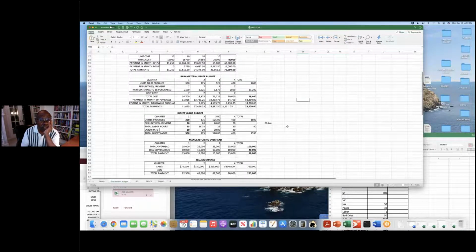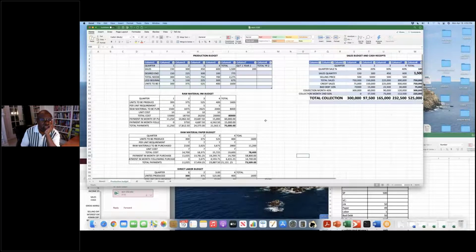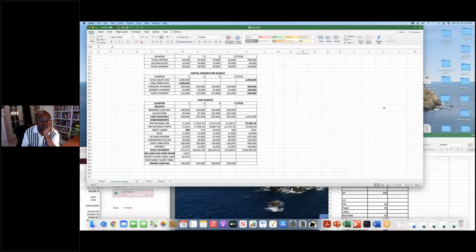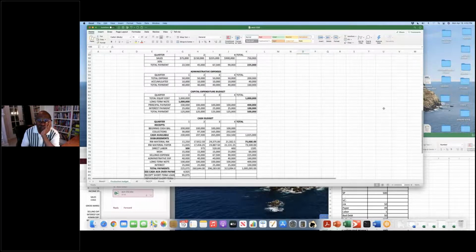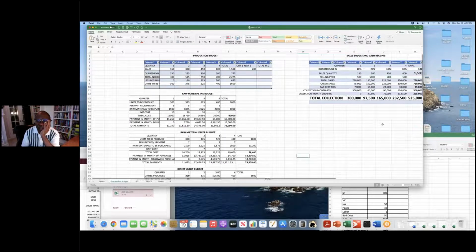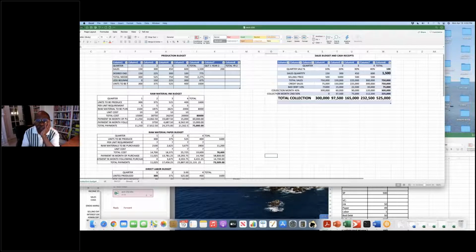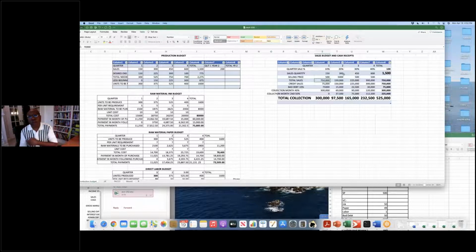I had it written down, but I don't know where it came from. I checked the total in the master sales budget. How much is this number supposed to be?